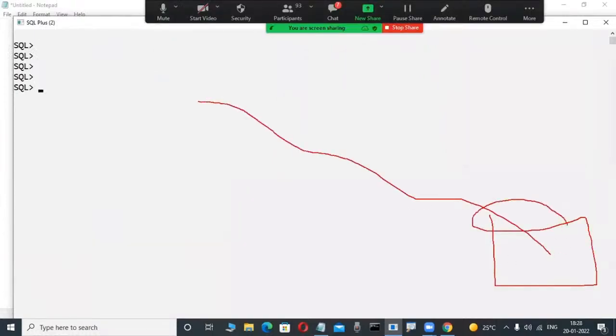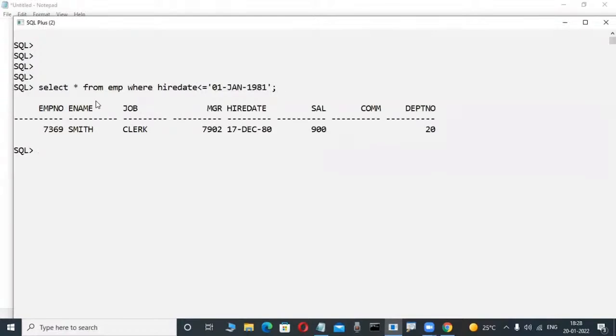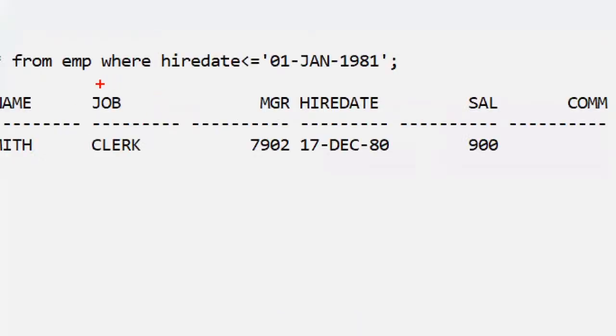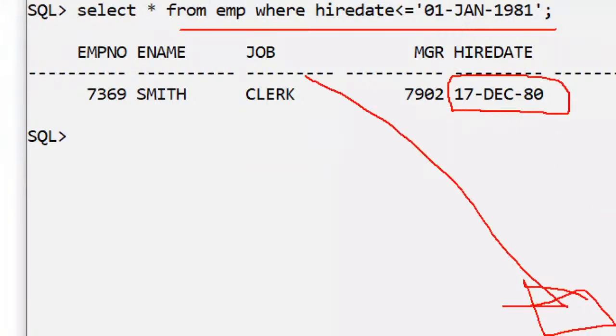How do we fetch this data? We write queries. These are called queries: select star from table name where hire date is less than or equal to 1st January 1981. Just by writing the query, the data is automatically displayed. With a single line of code, the employees who joined before 1981 are automatically retrieved from the database.